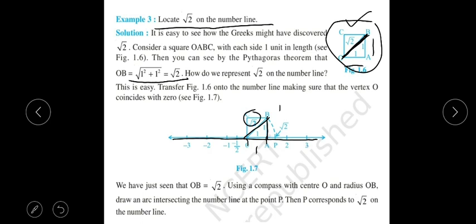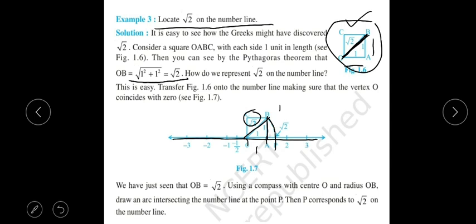Now we will place the pointer of our compass at point O, and taking radius OB, we will draw an arc which will intersect the number line at P. And we know that the radius of any circle is always equal on each side.